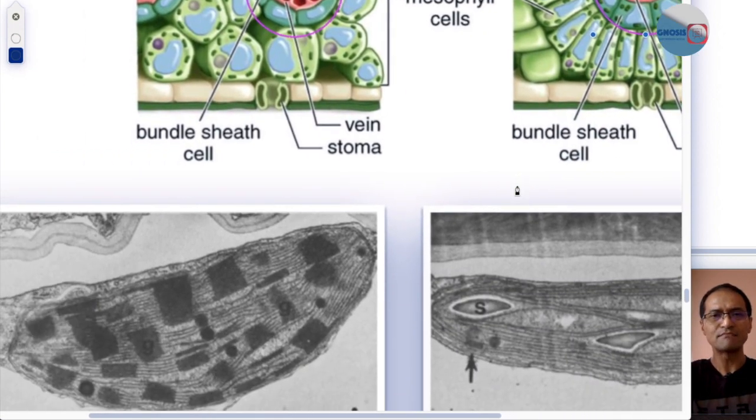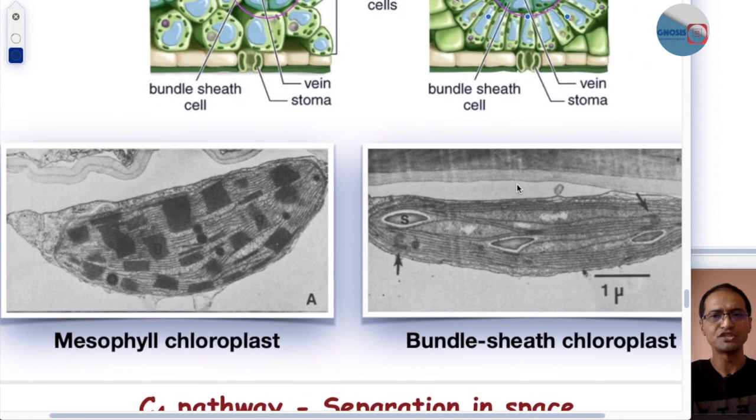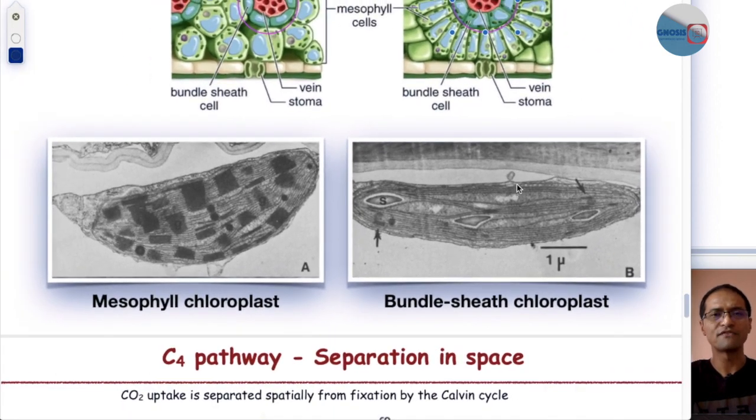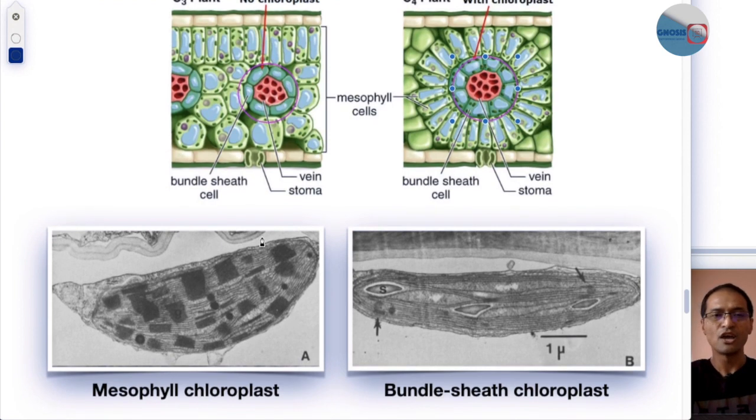Well, if you look at the electron microscopy images of the chloroplasts found in the mesophyll cells and in the bundle sheath cells, we see that the chloroplasts in the mesophyll cells have grana in them, whereas those present in the bundle sheath chloroplasts do not have grana, or even if they have grana, the grana are not developed.